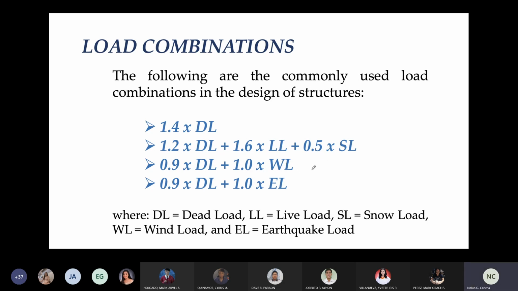Kaso lang merong condition. Depende doon sa condition. Very rare kasi na may dead load na, may wind load pa, meron pang live load. Kumbaga sa probability, there is a slim chance that all these loads will be acting simultaneously to the structure.